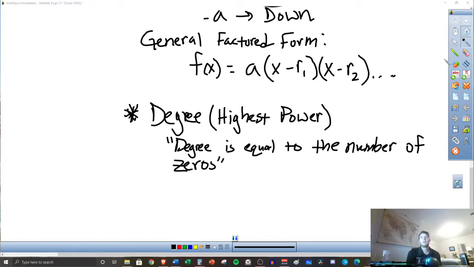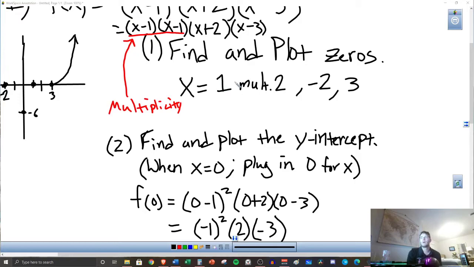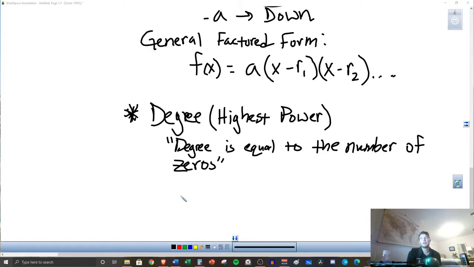Okay, so how many zeros do we have? Go back up, we look at it. 1, 2, 3. Okay, so does that mean the degree here is 3? Well, remember, with multiplicity means we count it twice. So we're going to add that.